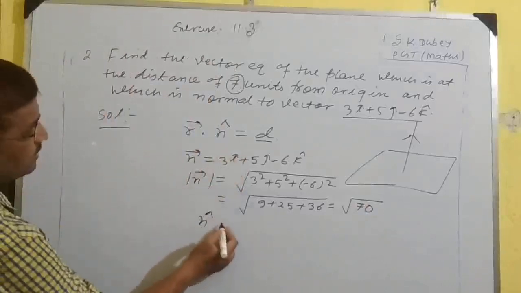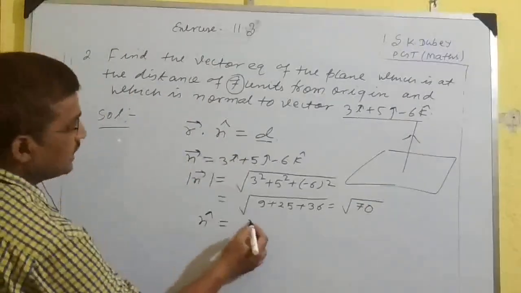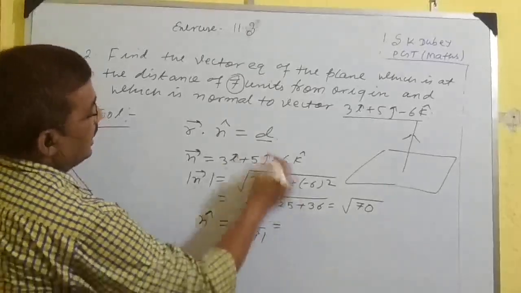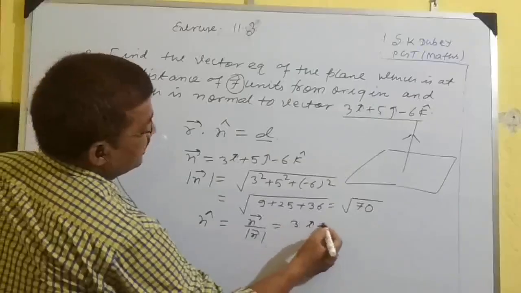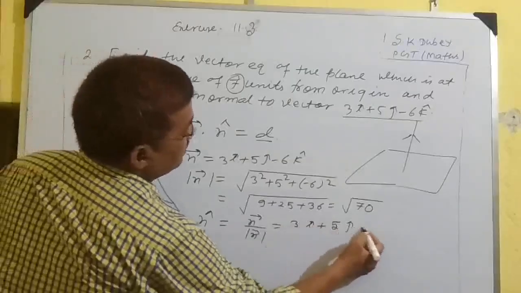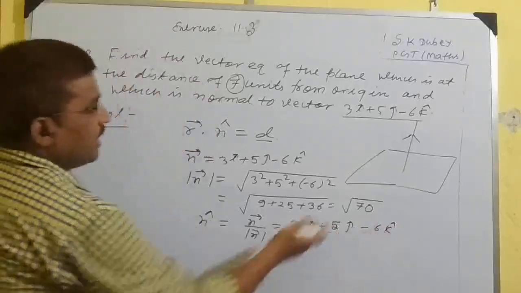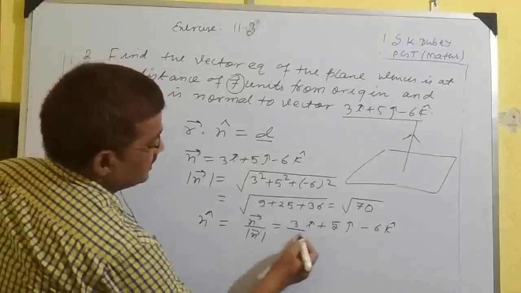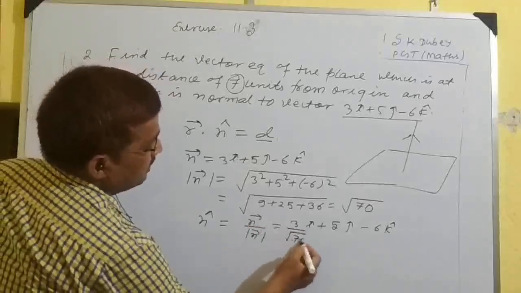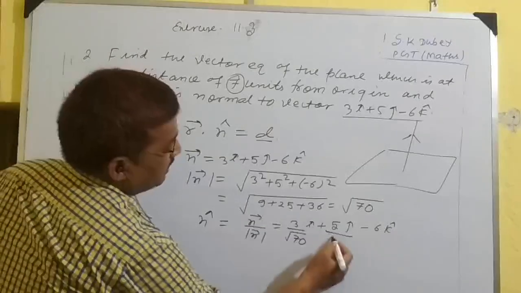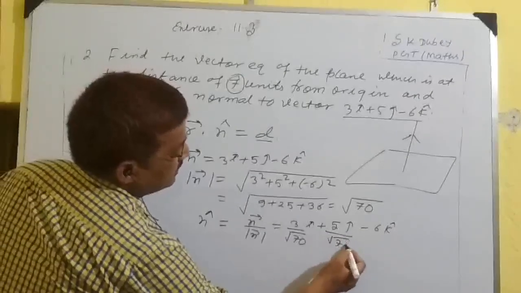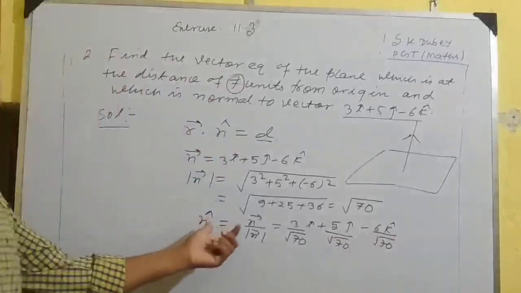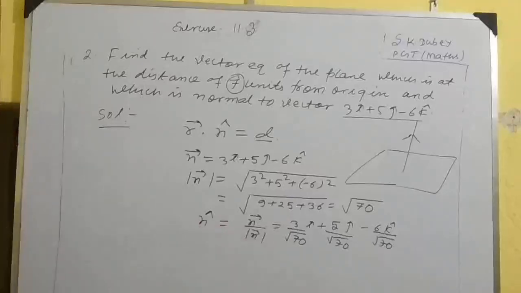Now the unit vector perpendicular to the plane is n vector divided by modulus of n. n vector is 3i plus 5j minus 6k. If we divide it by root over 70, that is the modulus of vector n, this will become 3 by root 70 i, 5 by root 70 j and minus 6 by root 70 k. Now we get the unit vector perpendicular to the plane.